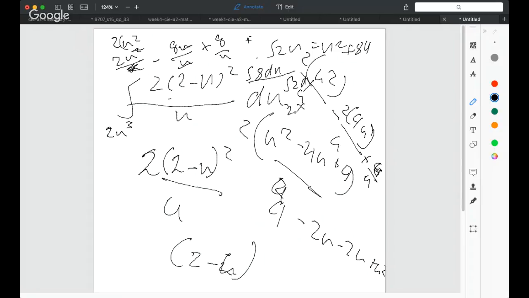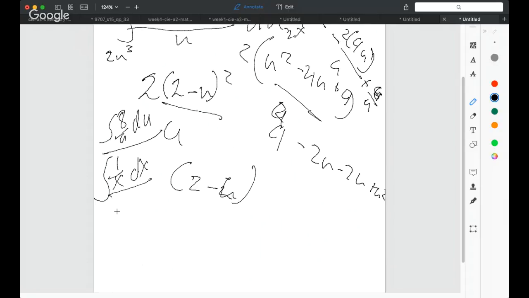What is the integration of 4 over u du? It would be 4, right? No. For 1 over x, if you think the integration is 1, then to check if your integration is right, you differentiate it.